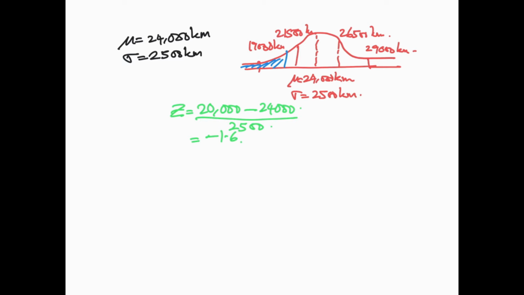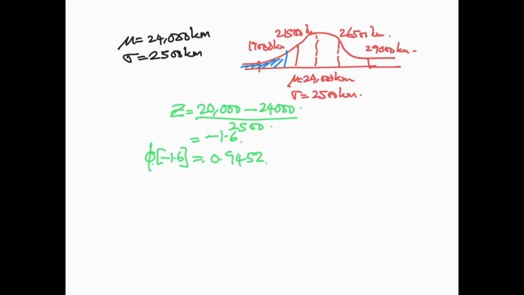So using that table, the value that I've got is phi of 1.6 is 0.9452. So 0.9452 is the area towards the left side, but that's not what I want.